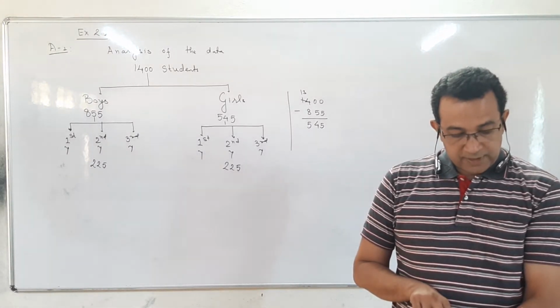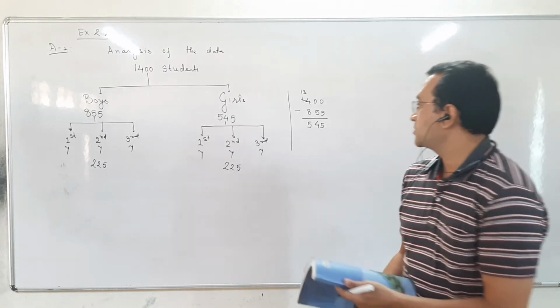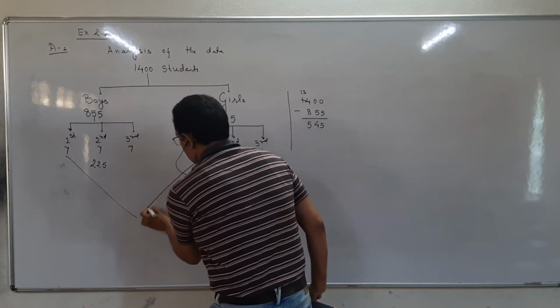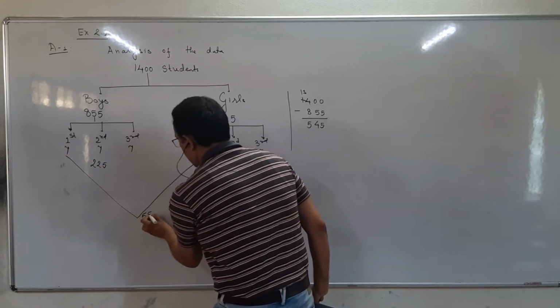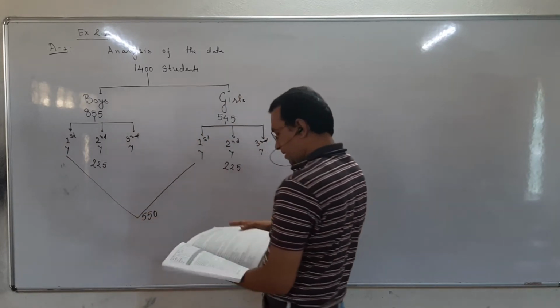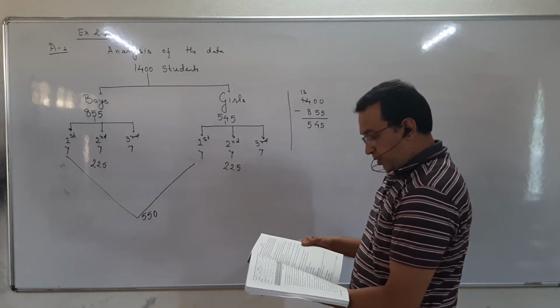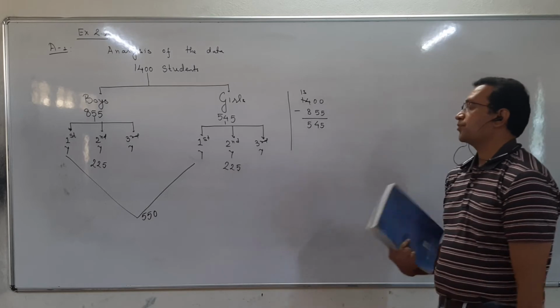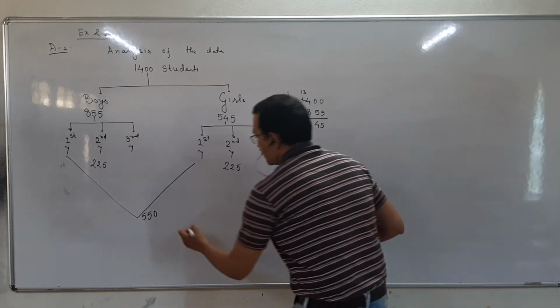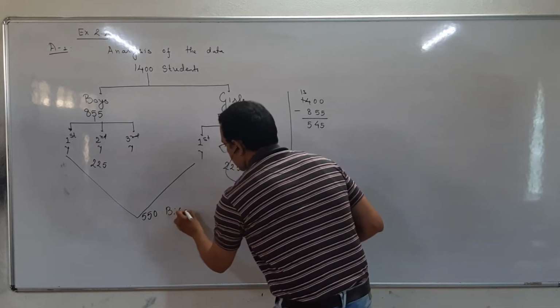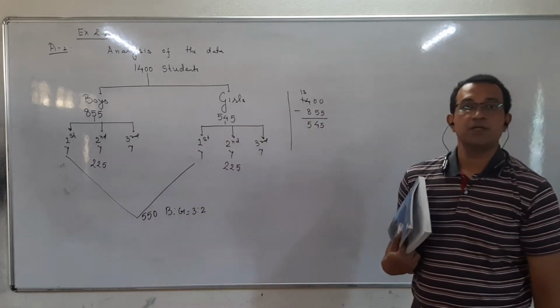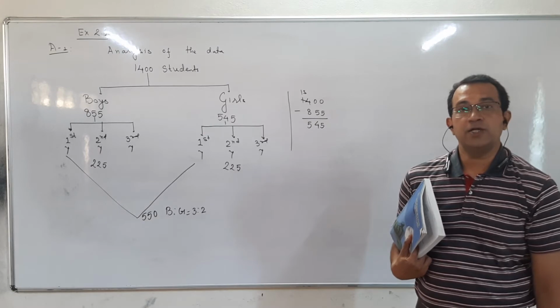Among 550 students of the first year, so first year total is 550, correct? The proportion of boys and girls was 3:2. So ratio is given. So total of 3 and 2 is 5.